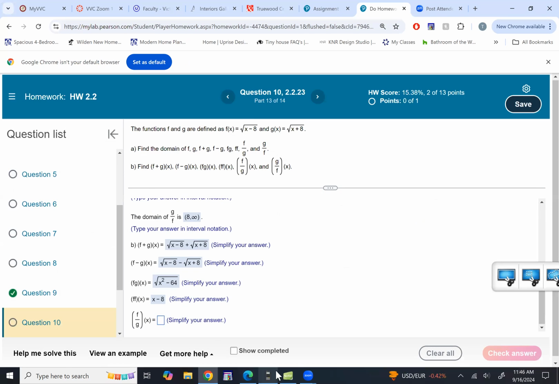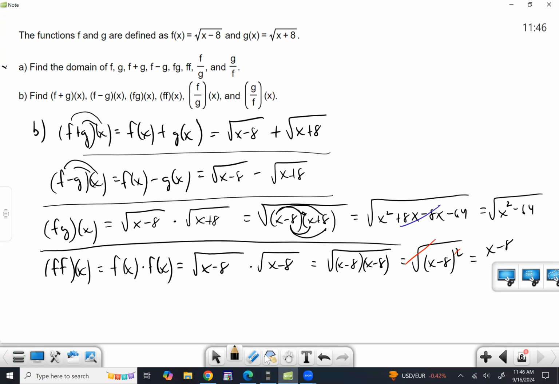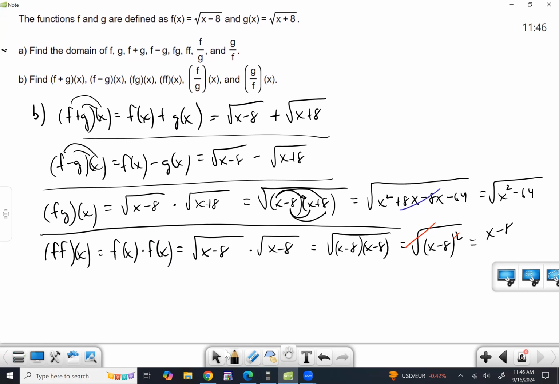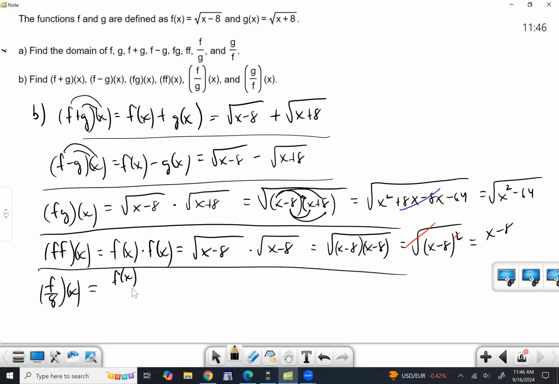All right, now the divides. Just to keep it on the screen. There we go. Okay, so we're going to take f divided by g. So f of x has to be on top of g of x. So the square root of x minus 8 is on top of the square root of x plus 8.